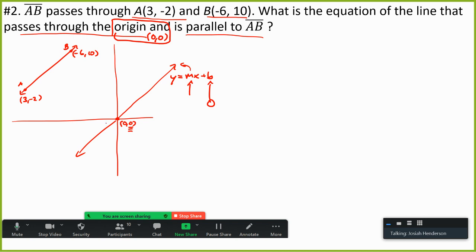How can we find the slope for this mystery line? Any ideas? You can tell me in the chat or with your mic if you have an idea of how we can find slope for the mystery line that they're asking for.